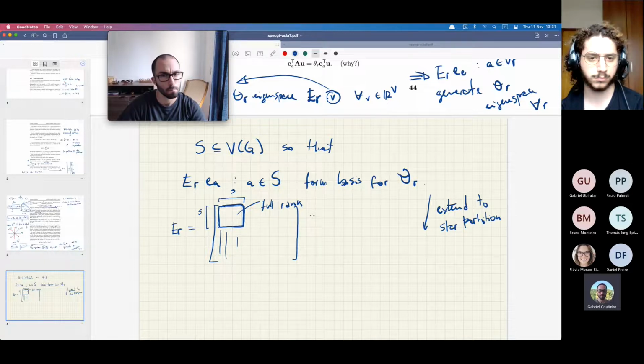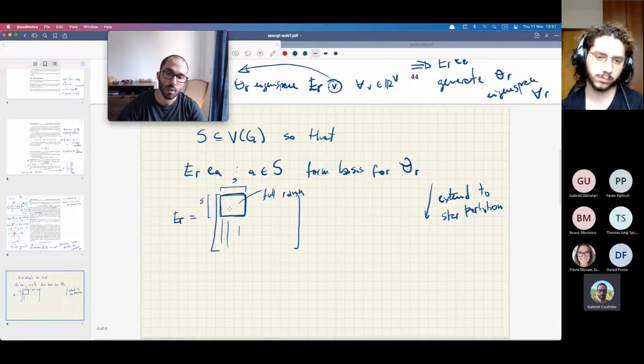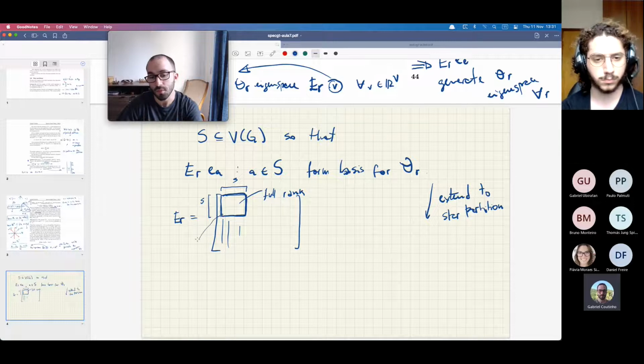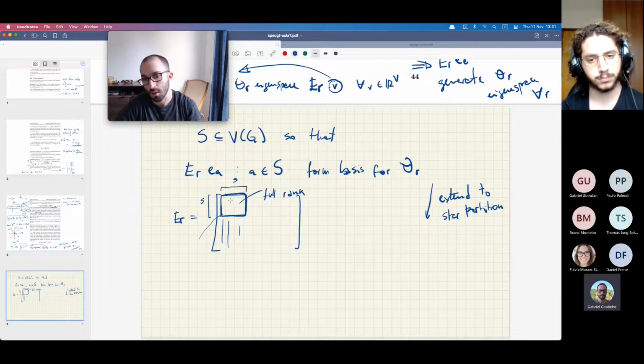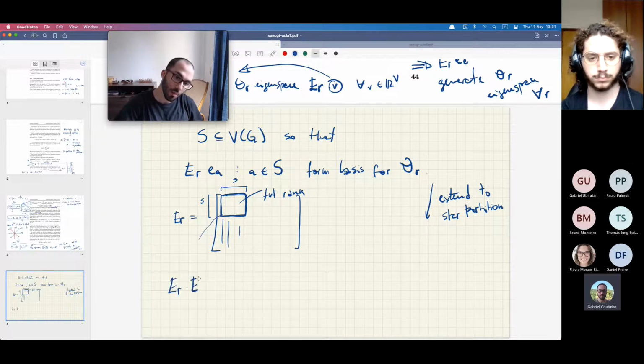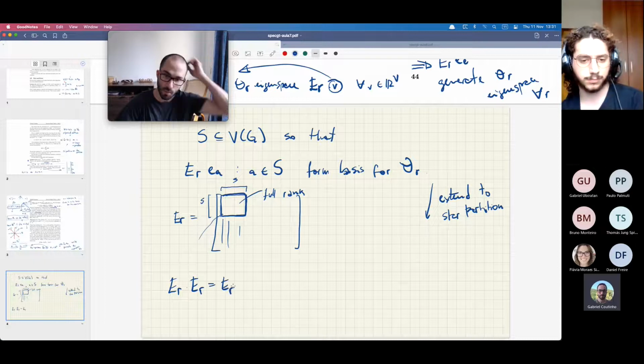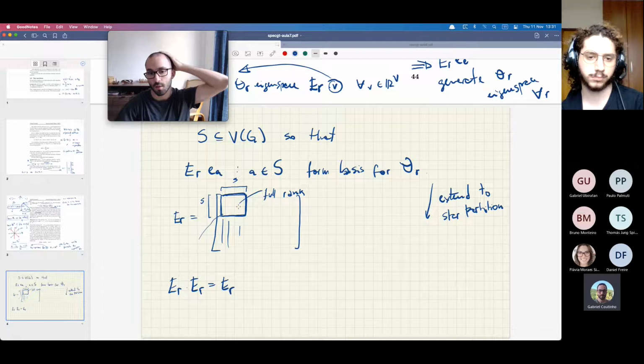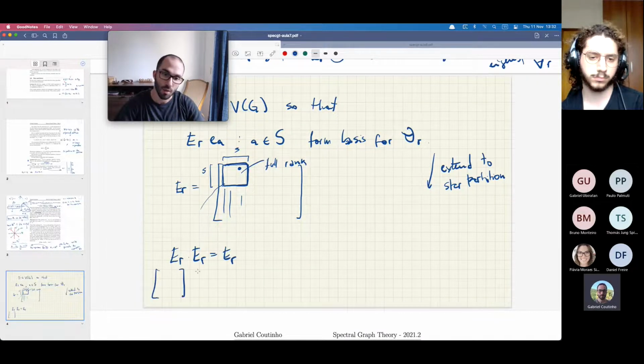Is this obvious? It's not immediate that this block has full rank. So let me explain that. When I multiply E sub R by E sub R, the result is E sub R, which means that I have this matrix times this matrix is equal to itself.